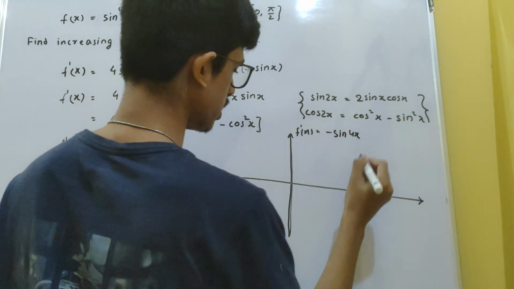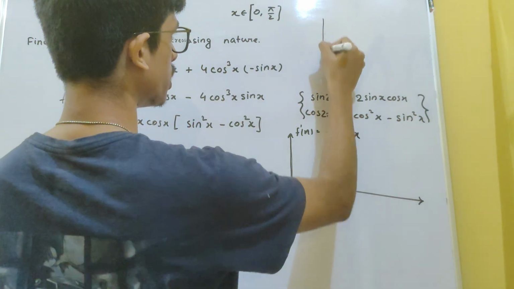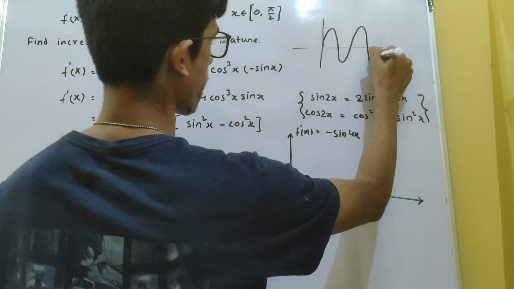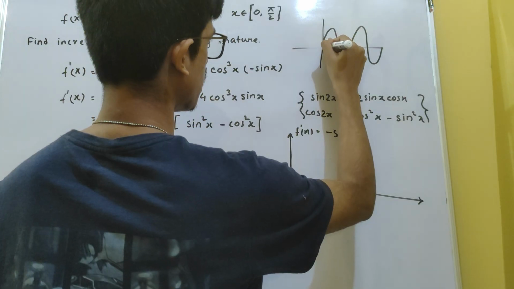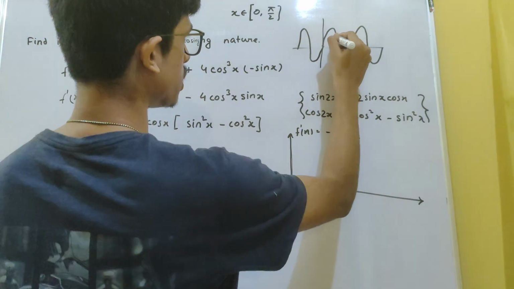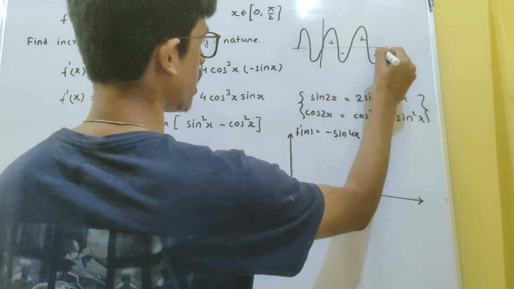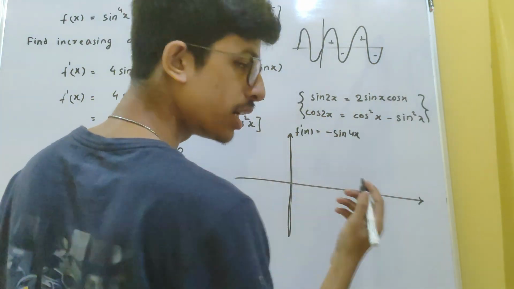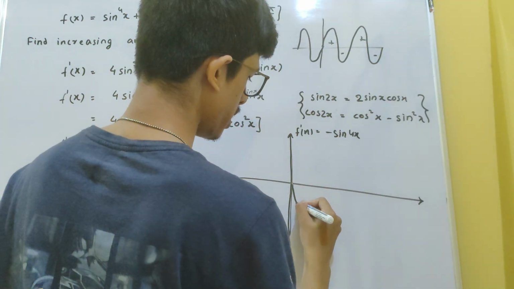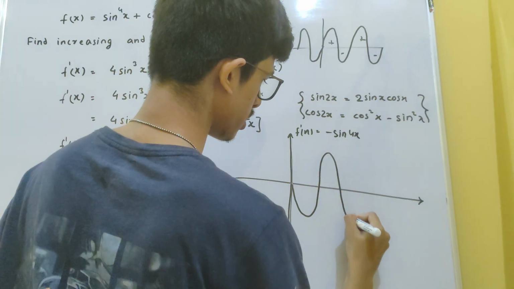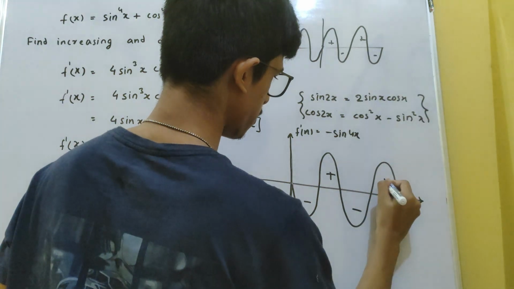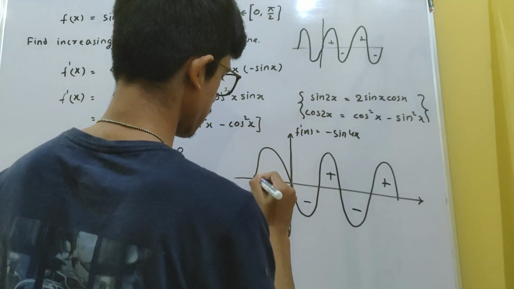We know that for sin 4x the graph will be simply like this, positive, negative. But for minus sin 4x the graph will be reversed, so it will be like this. So we have negative, positive, and again positive.